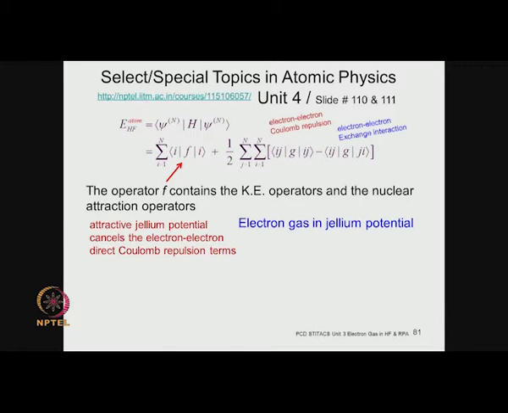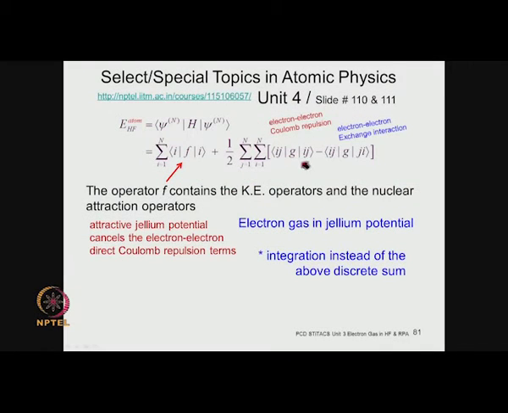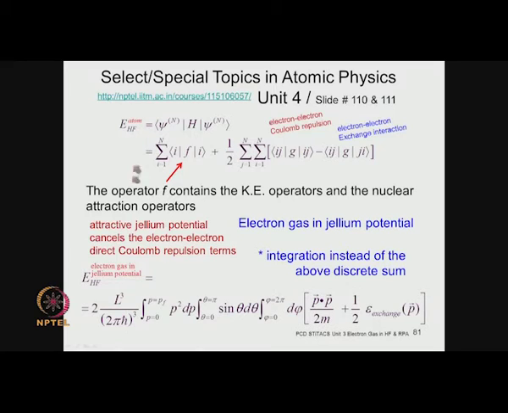So, these are the two changes that we shall remember, and therefore, all we have to do is to replace the summation over these discrete states by integration over continuum states going up to the Fermi momentum. Now, once we make these changes, we can straight away adapt the result of the previous course from unit 4 and write this expression for the Hartree-Fock energy, not for the atom, but for the electron gas in the Gellium potential.